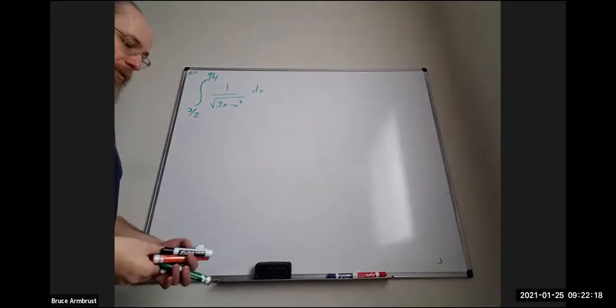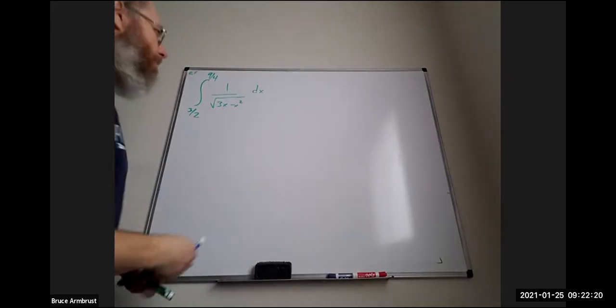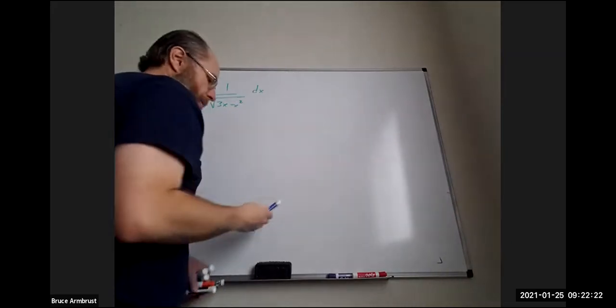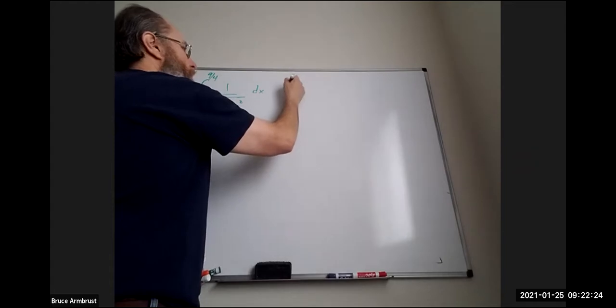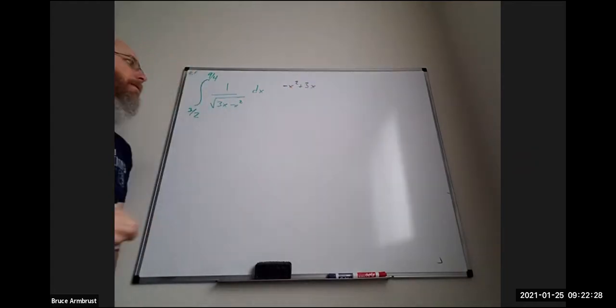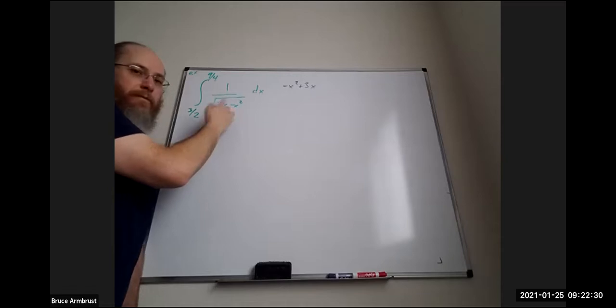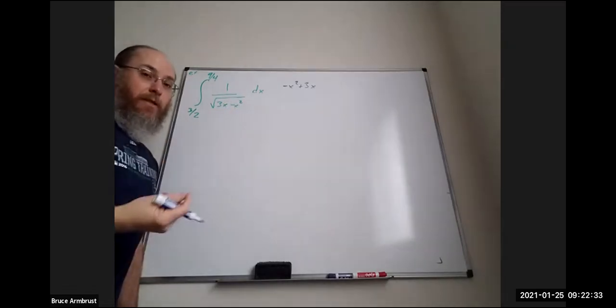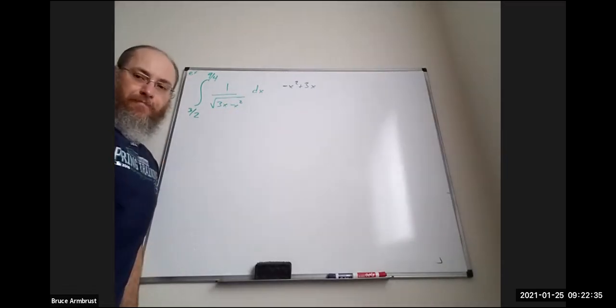So let's just think about what this would look like if we're going to do completing the square on minus x squared plus 3x. So I just swap the order so that we're leading with the x squared.